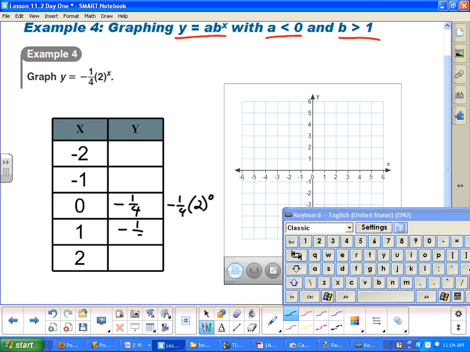Negative, okay. And when I multiply -1/2 times 2, I get -1. Okay, and if I went to 3 down here, what do I get if I double it again? Okay, so -2 and so on, right?